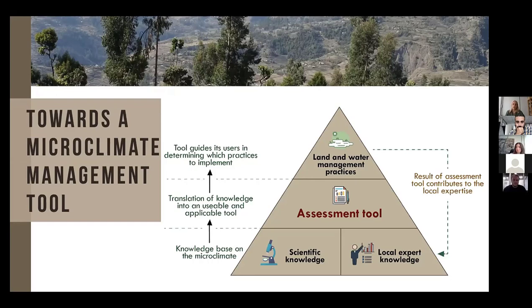Such an assessment tool is best based on both scientific knowledge, from studies like we did that dive into the scientific research, but we also think that local expert knowledge is very important to take into account, as Sean was talking about with the focus groups and the interviews that we conducted in Ethiopia, to look at the local circumstances for each region and take the local expert knowledge into account when creating such an assessment tool.